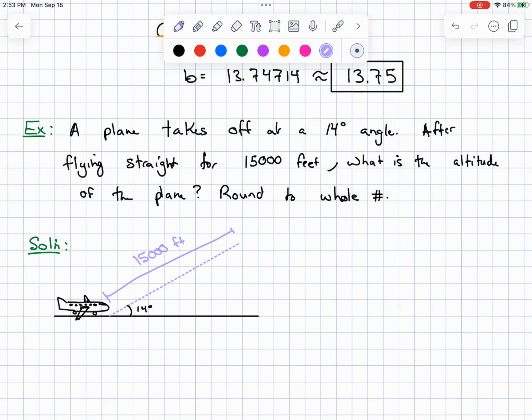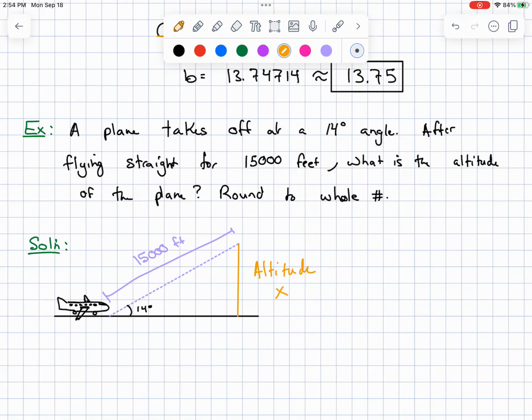Was I the only one who was kind of confused and would have assumed that they meant the bottom distance? So just so we're clear, if this happens again, that's what they mean by flying straight at that 14-degree angle. So that's 15,000. We want to know the altitude, which would be the height right here. That's the altitude.